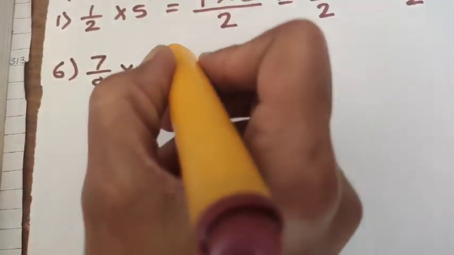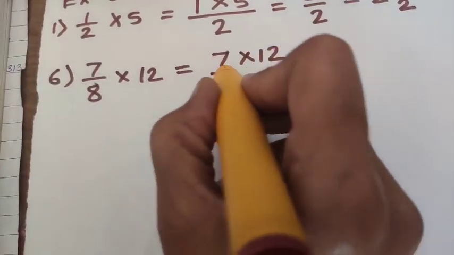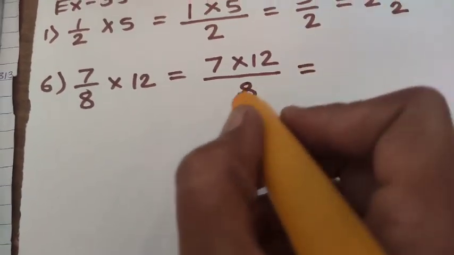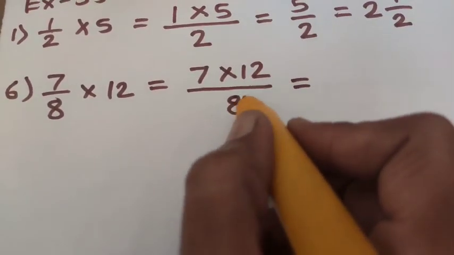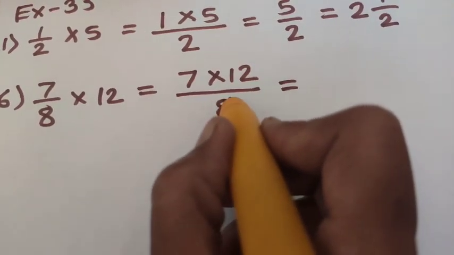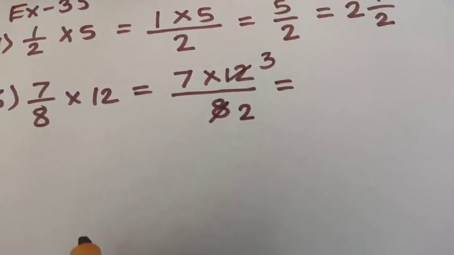7 by 8 into 12. So 7 multiplied by 12 upon 8. So what I am doing here, see, this 12 and 8 are divisible by 4. Yes, 4 से डिवाइड होता है दोनों को. 4 2s are 8, 4 3s are 12. Understood?